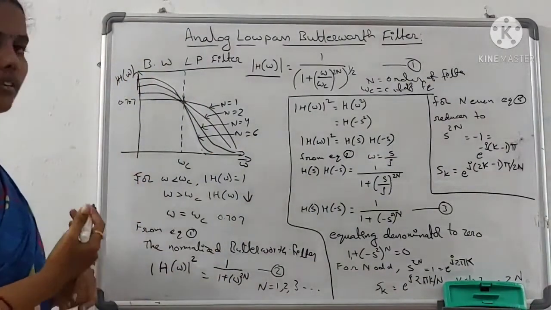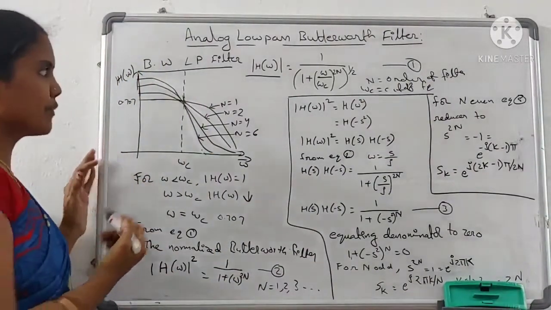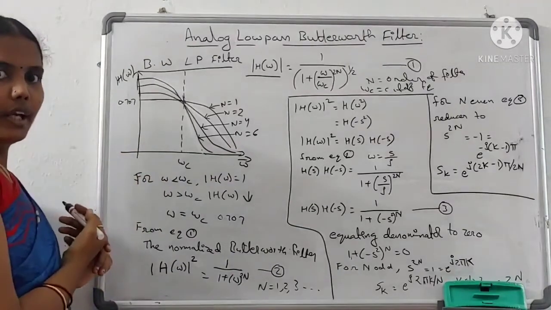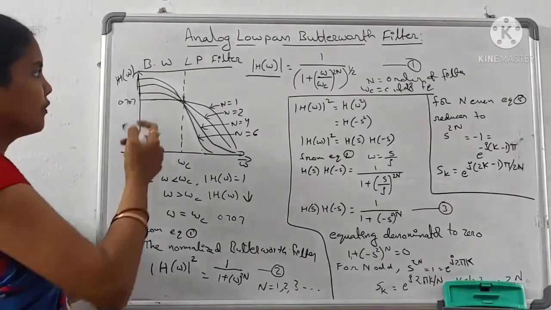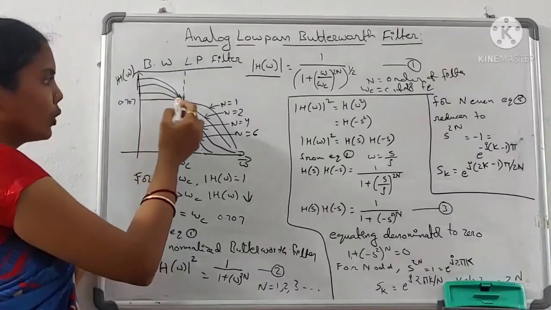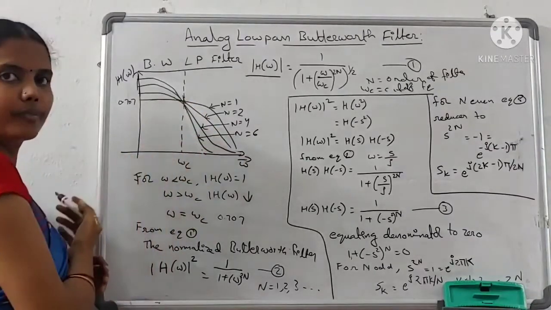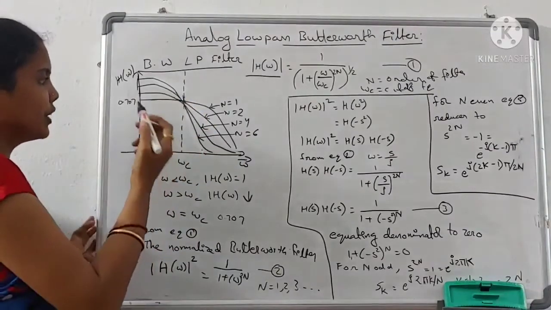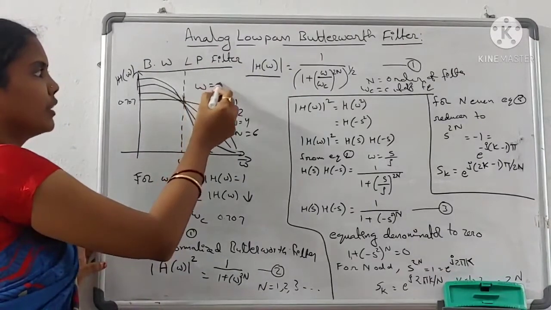So let us see the frequency response of this Butterworth filter. Here the magnitude response is monotonically decreasing. The response is unity at omega equal to 0.